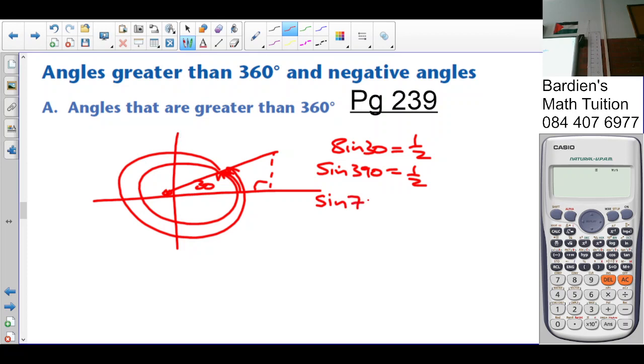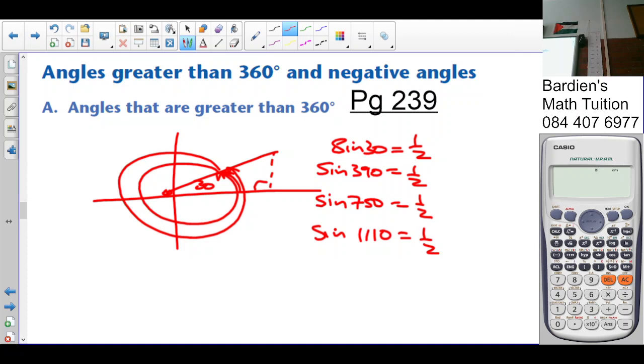Just check. Let's go again, plus another 360. What is 150 plus 360? 510. Is that correct? What do you get? So what do you notice?